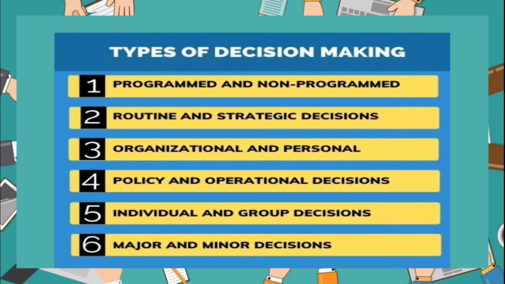Minor decisions are the decisions which are taken on a routine basis, and their impact on the organization is not much. So the impact of risk is less in the case of minor decisions, whereas the impact of risk and the amount of capital required is more in the case of major decisions.